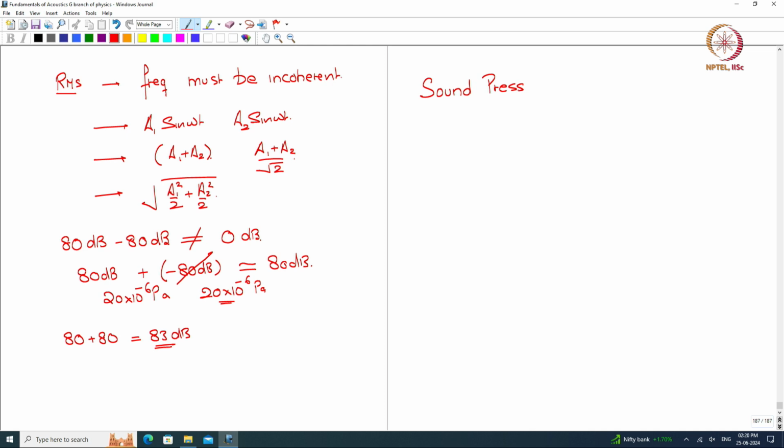That is a new topic, but before that I just wanted to mention we have spoken about sound pressure level, which is LP, and sound power level, which is LW, and which to use when.